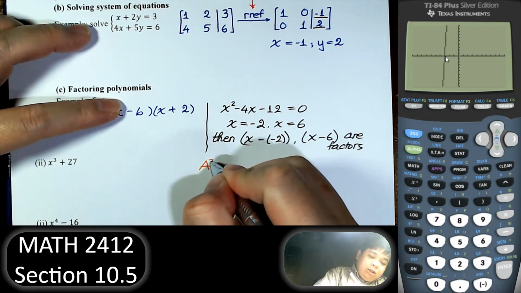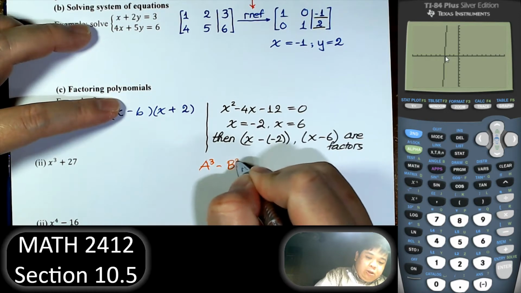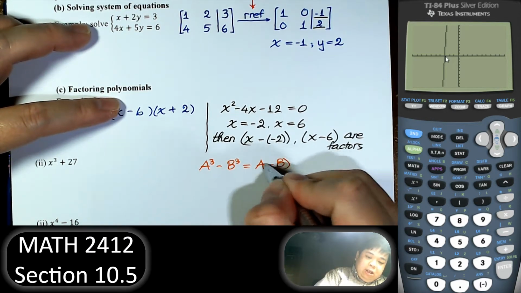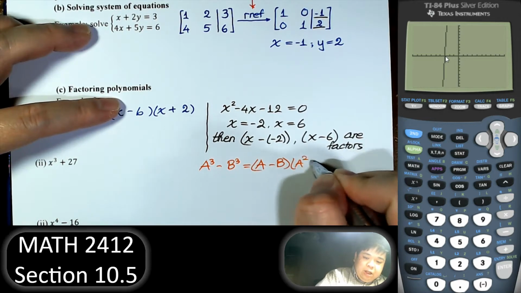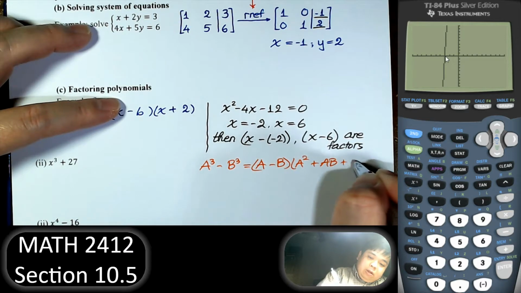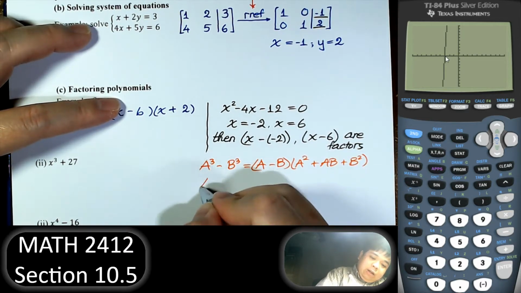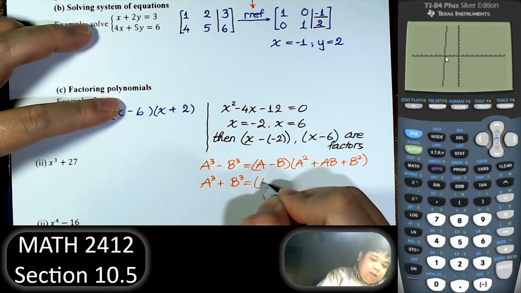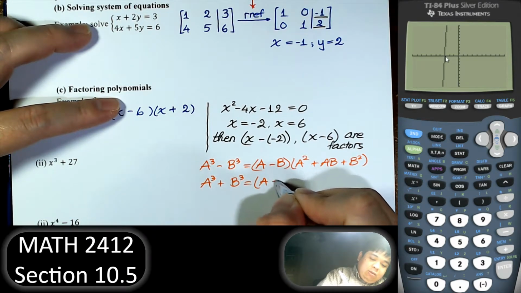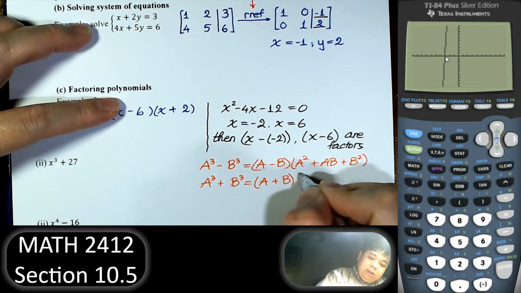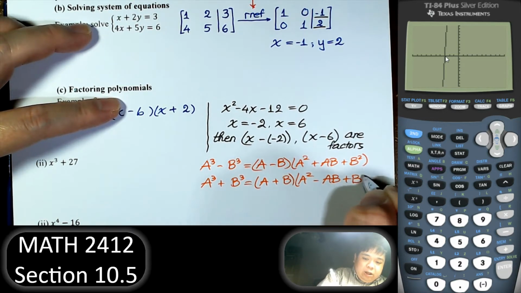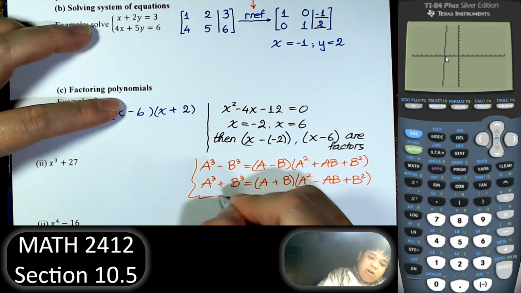If we have a difference of two cubes, it's going to be a minus b times a squared plus ab plus b squared. And if we have a sum of two cubes, it's going to be a plus b times a squared minus ab plus b squared. So that is the sum and difference of two cubes.